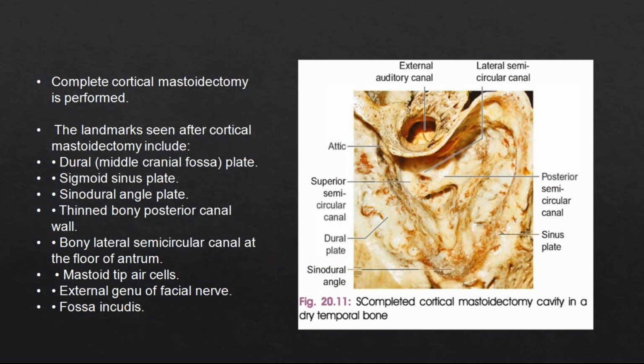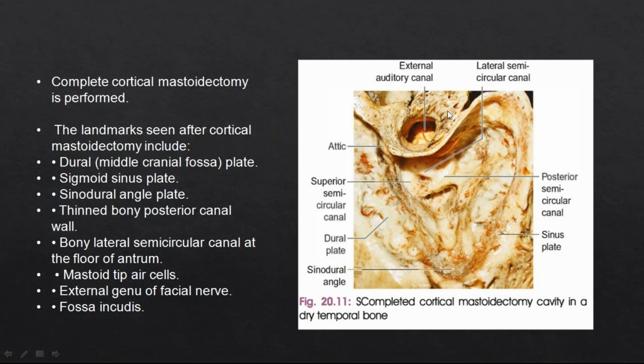That is why you should not miss out on any opportunity to reconstruct the hearing. You can see here very nicely this is the attic area, and this is the spine of Henle that has been preserved till the end.